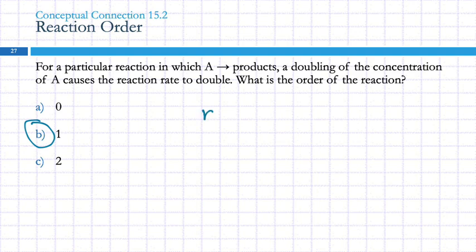Because the rate is equal to a constant times the concentration of A raised to the 1 power, we just don't write that 1. So if the concentration is twice as large, then the rate will be twice as large. Sometimes when we see the word doubling, we think second order, but no, it is first order. Any questions?